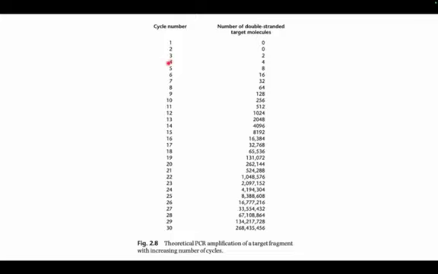Right? In the fourth cycle, we'll have four, and so on, increasing in powers of 2. And you can see, as we get to the end of the 30th cycle, we have now synthesized an enormous amount of DNA. Right? More than 268 million theoretically double-stranded target molecules have been synthesized through this exponential process.